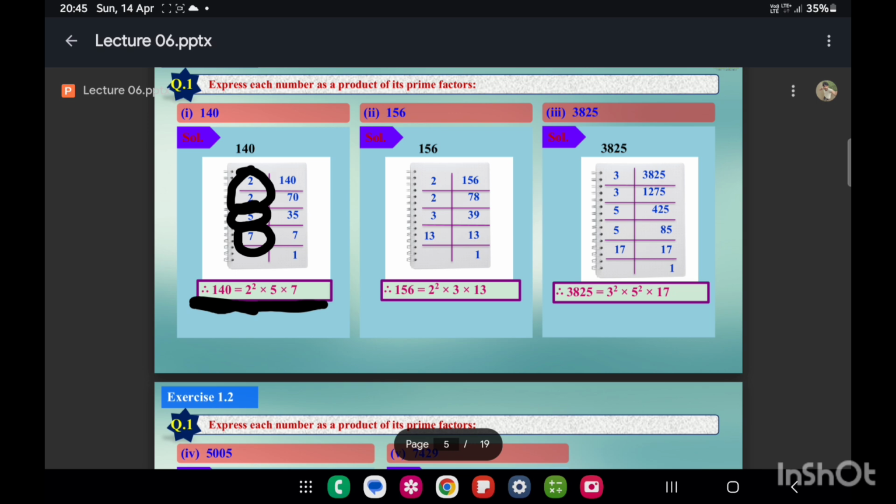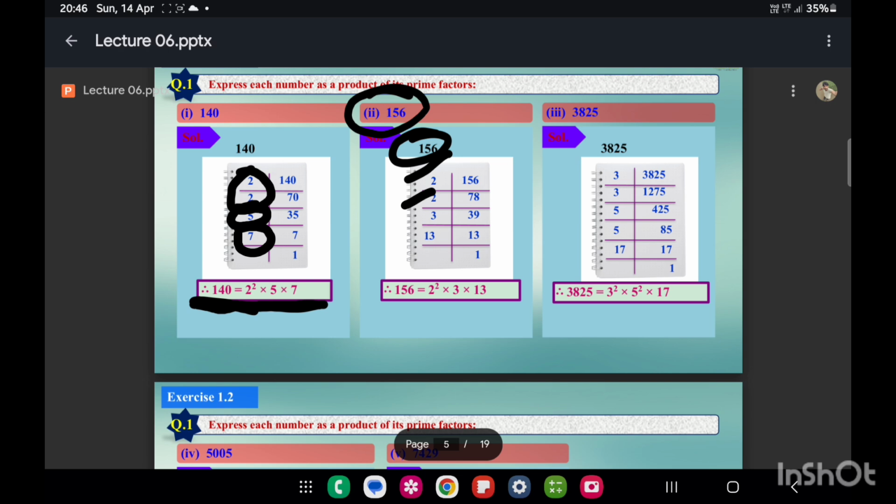Second is 156. We have to write it as it is in the form. 156 can be divided by 2. 2 is the least number which can divide any number. So 2 seventy-eights are 156. So we take 2. First one is finished. Second one is 2. 2 thirty-nines are 78.